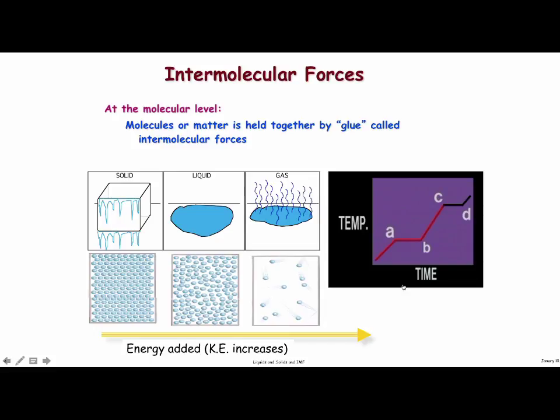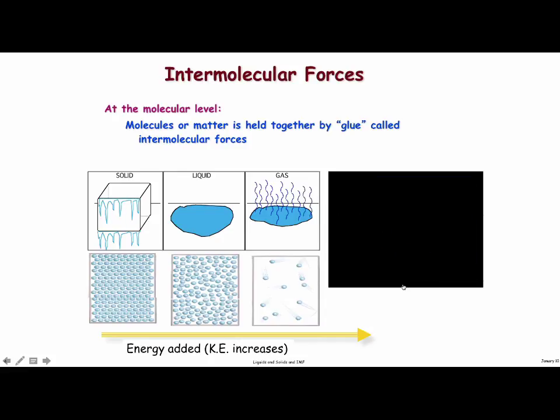Again, temperature remains constant with time until all the liquid has been converted to gas at point D. Then temperature again increases as the gas is heated. So that movie basically summarized the previous slide that I talked about in the heating cooling curve.